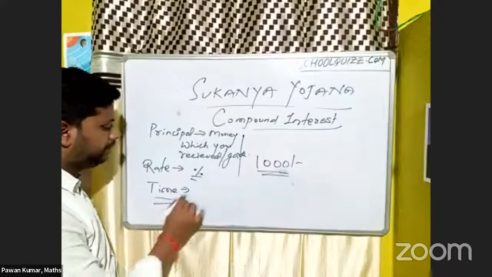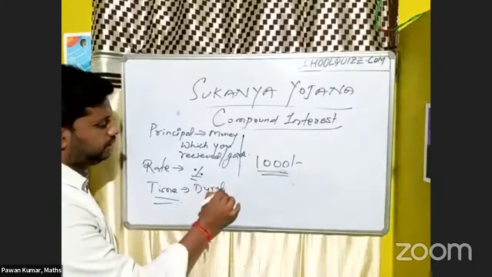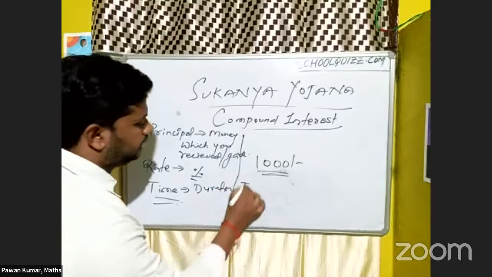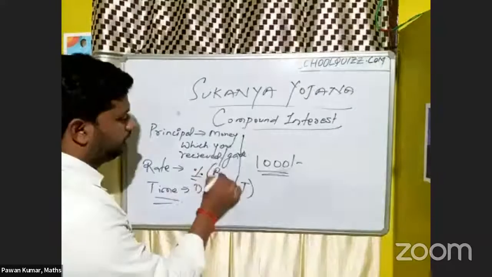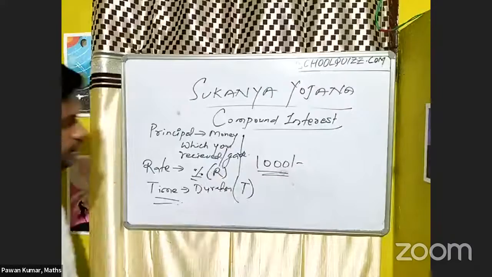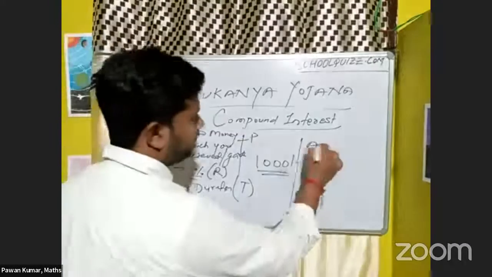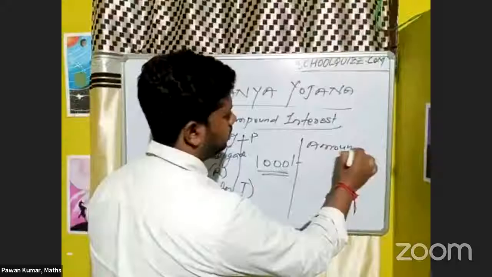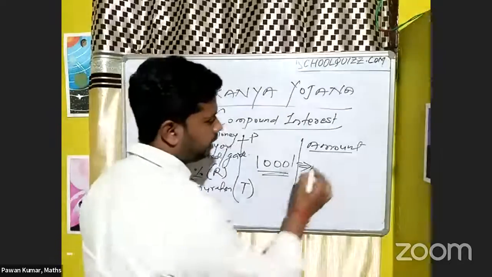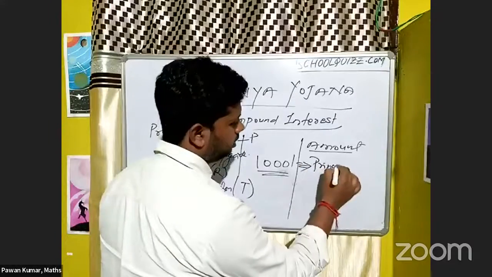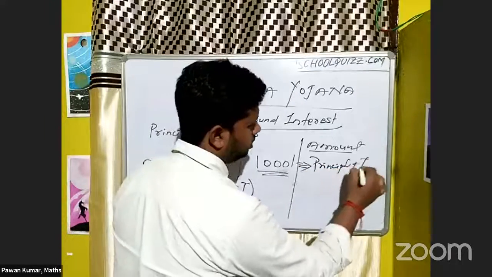We represent time as T, rate as R, principal as P, and the important term is amount.